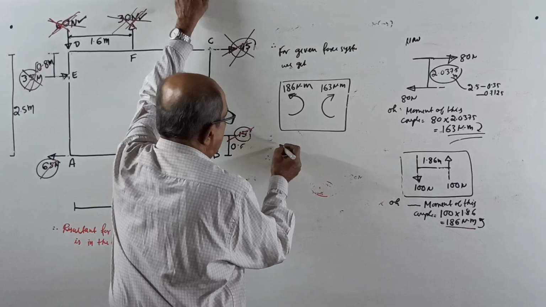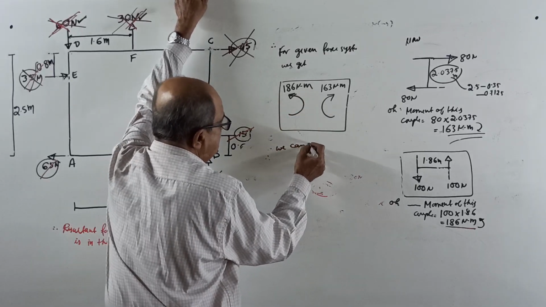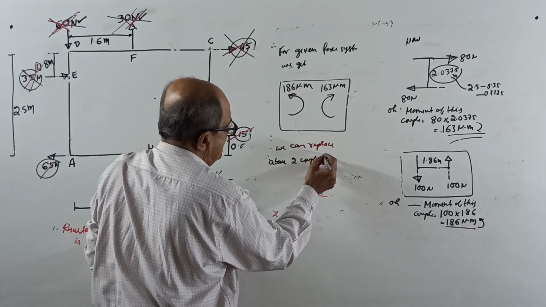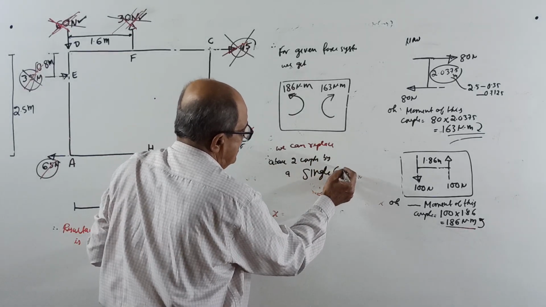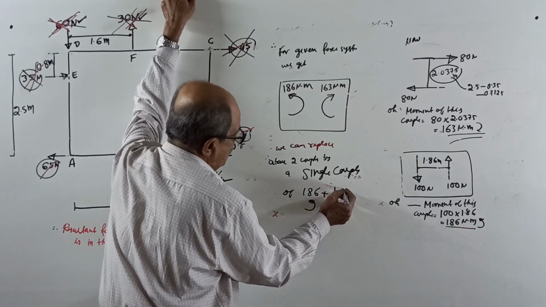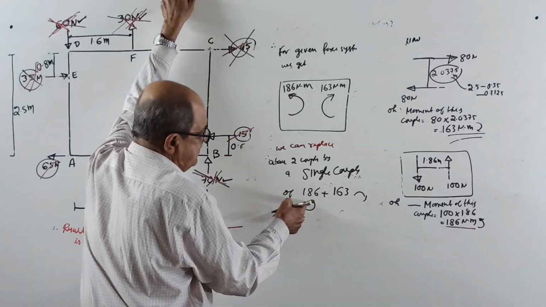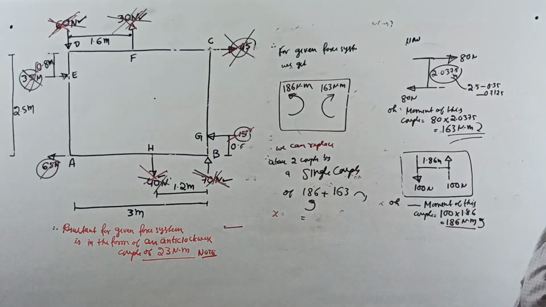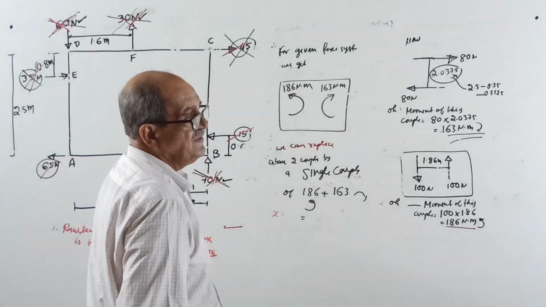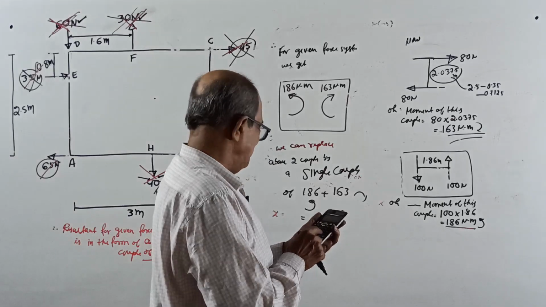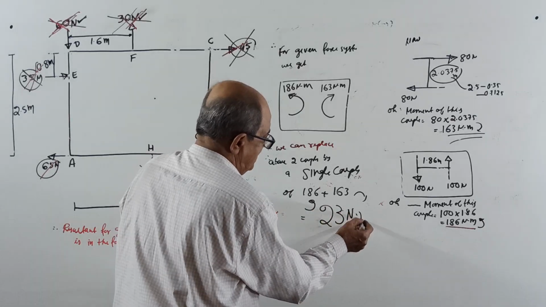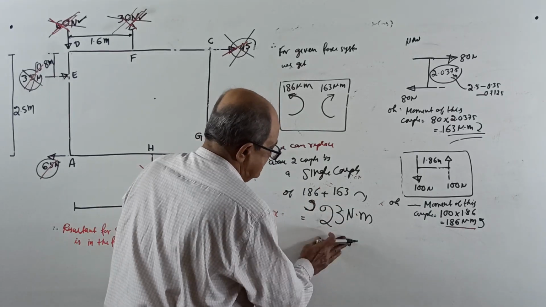Therefore, we can replace the above two couples by a single couple of 186 anti-clockwise plus 163 clockwise, which means 186 minus 163, is 23 Newton meter, anti-clockwise, since anti-clockwise is higher.